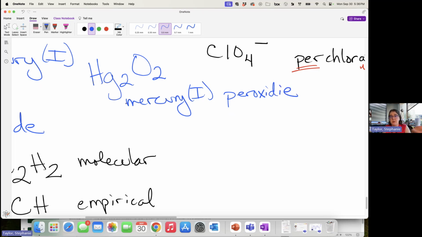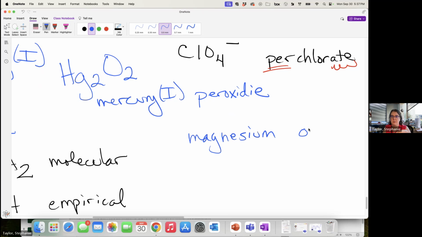So this is correct for an ionic naming. It's just strange because usually for metals, we don't see subscripts repeated like that. So for example, if I wanted to write magnesium oxide, that comes from magnesium 2+ and oxygen 2-.